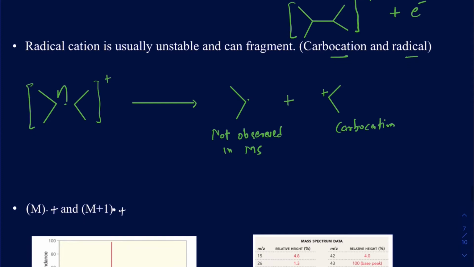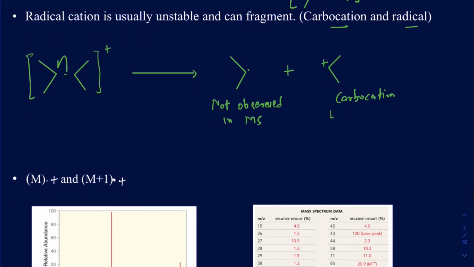Now, how does this fragmentation really take place? I'm not really going to talk about the fragmentation in too much detail in this lecture. I'll have separate sessions, because the fragmentation really depends on what type of functional groups you're dealing with, and more or less you are trying to make a carbocation that's fairly stable. As long as you can make a fairly stable carbocation, that's going to be the most prominent fragment you're going to have, and that will create the so-called base peak.